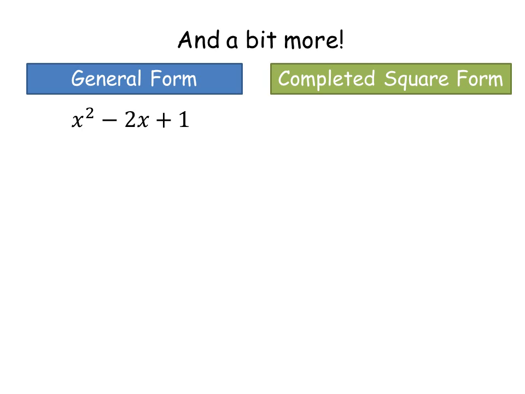What about when we have a negative sign in here? Remember, (x minus p) all squared was equal to x squared minus 2px plus p squared. That's right. So the completed square form is (x minus 1) all squared.